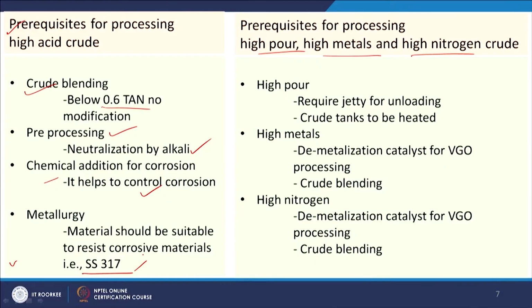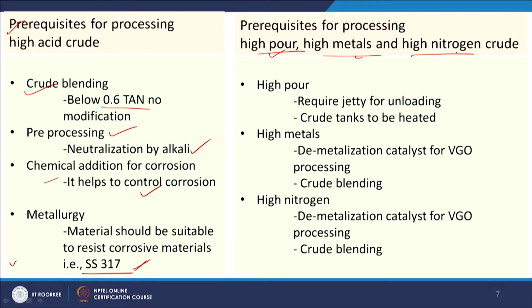So, we have to select more corrosion resistant materials, and one example is SS 317. SS 316 is considered a superior grade steel, and 317 has further more resistance to corrosion than 316. So, that way we can use SS 317.